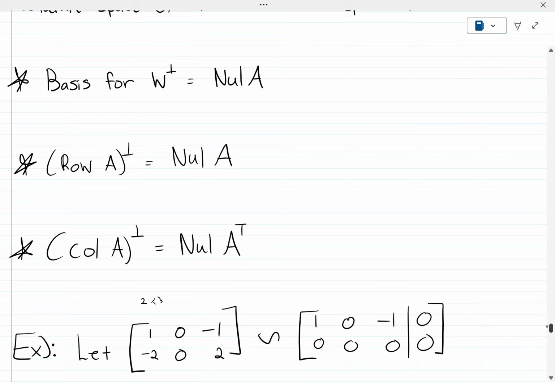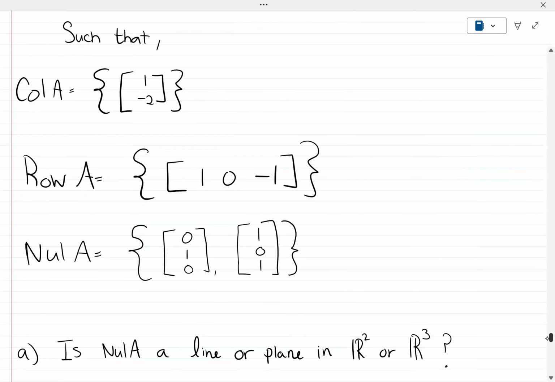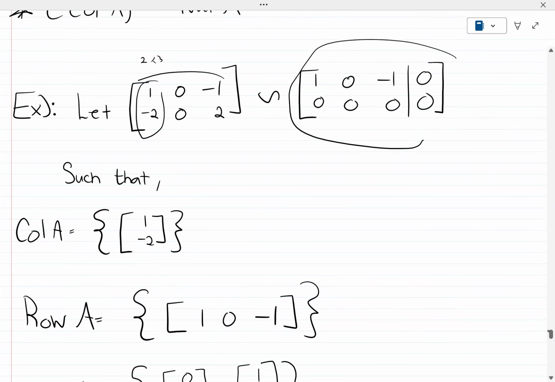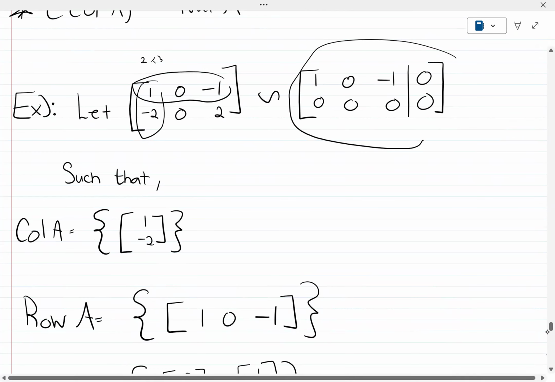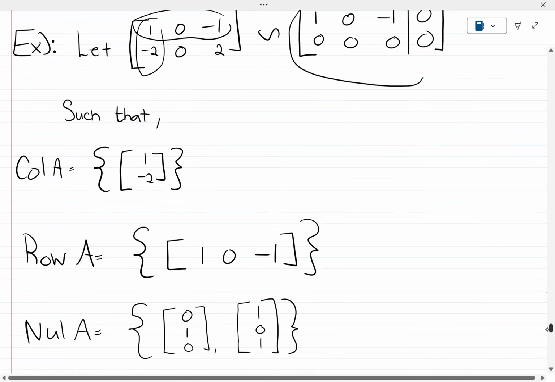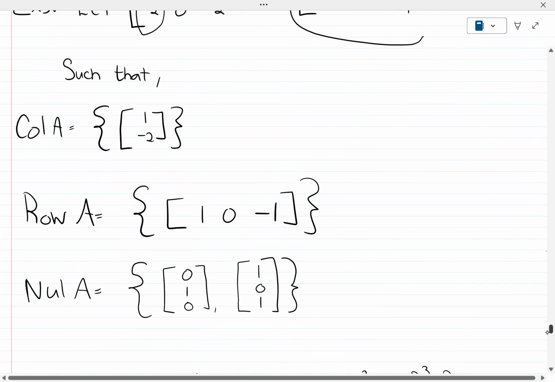And let's say we augmented to 0 and then did some row reducing, and thus you get this matrix, such that column of A is 1, -2, and then the row of A is 1, 0, -1, and then the null of A is 0, 1, 0, and 1, 0, 1.